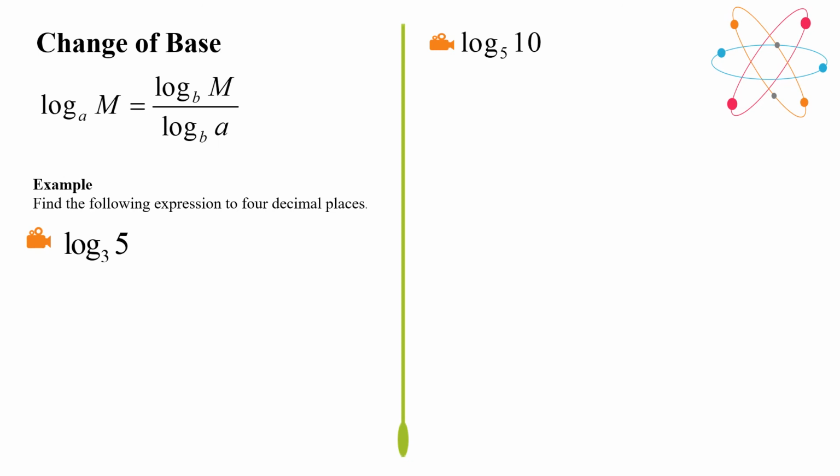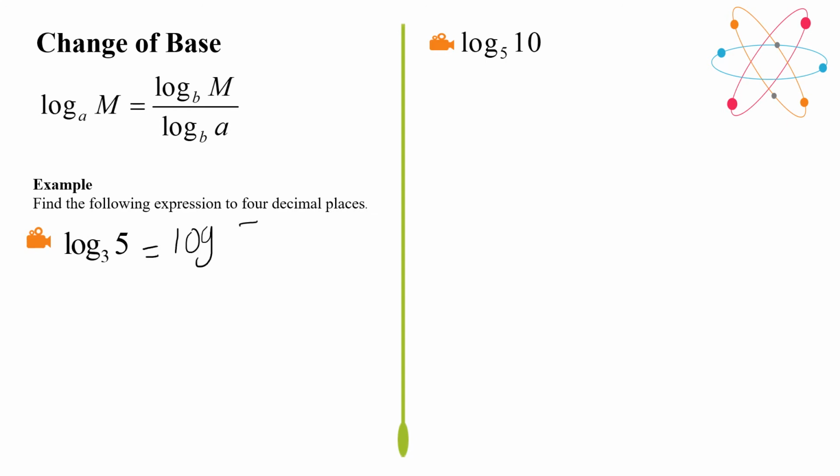Change of base. Log m base a change to the base b: log m base b divided by log a base b. Example, find the following expression to 4 decimal places. Log 5 base 3. Now change to the base 10.